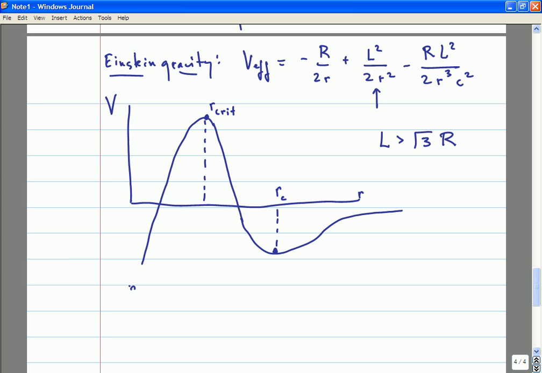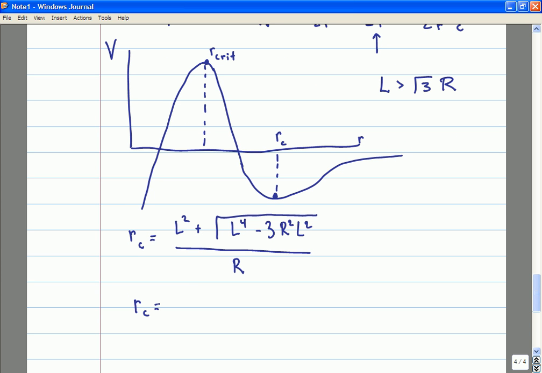RC is, so you just take the derivative of V and set it equal to 0, you get a quadratic equation for R, whose solution is L squared plus the square root of L to the fourth minus 3 R squared L squared, over R for RC, and the other solution of that quadratic equation gives you the other turning point of this trajectory, which we called R crit.